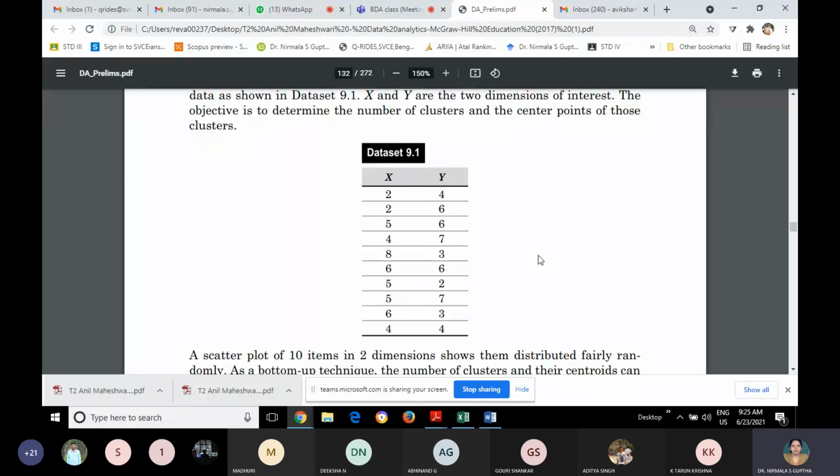Difference means what? 2, 4, 2, 2, 6, 4, 5, 6, 1, 4, 7 minus 3. Let us take the positive difference only. 3, 8, 3, 5, 6, 6, equal. So the difference is 0. 5 minus 3, the difference is 3. 5 minus 7 is minus 2, but I'll take positive 2. 6 minus 3 is 3, 4 minus 4 is 0.